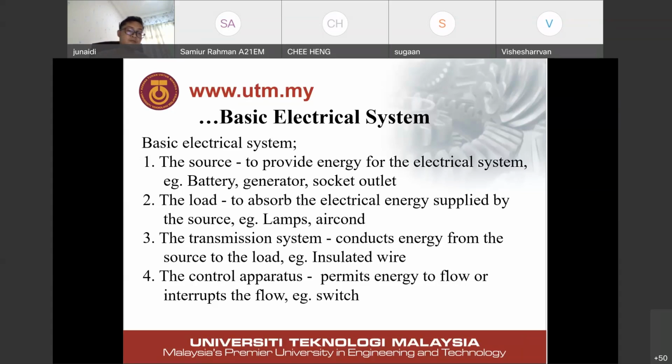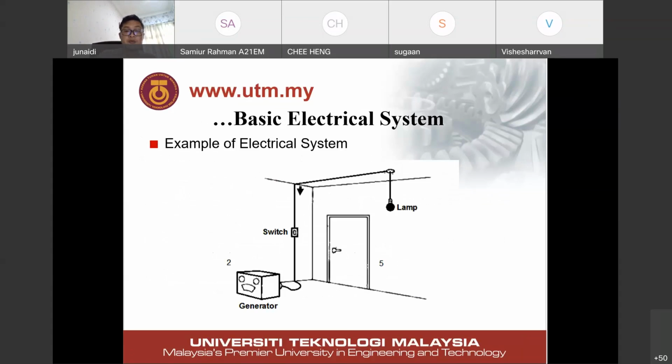Okay, that's the reason why you are not suggested to play around that tower, playing kite ke apa-apa ke, because of the high voltage. And then control apparatus permits energy to flow or interrupts the flow, for example switch. So that's the control apparatus lah.